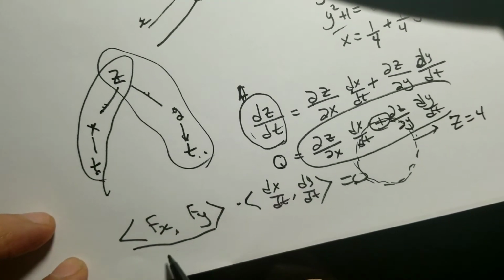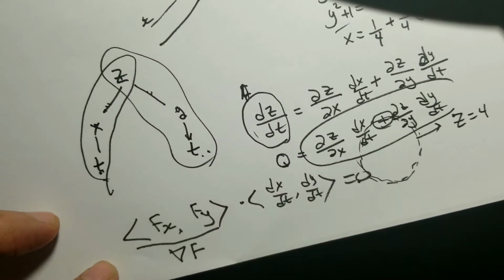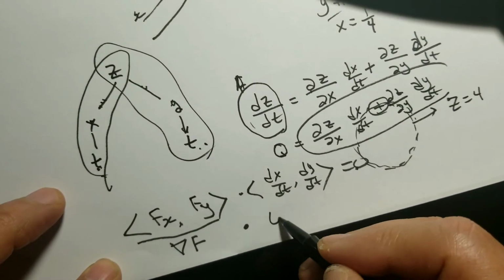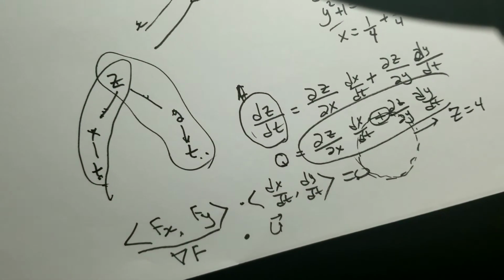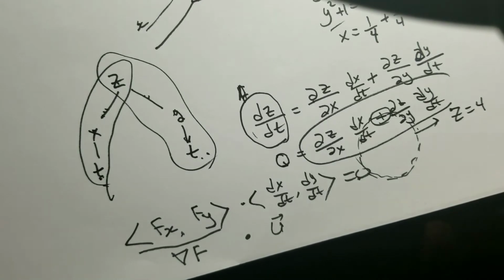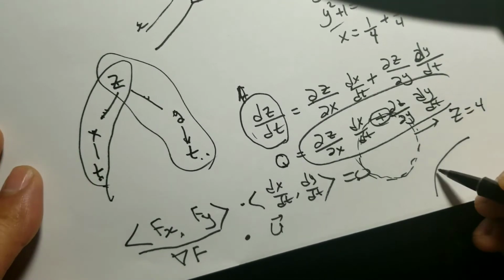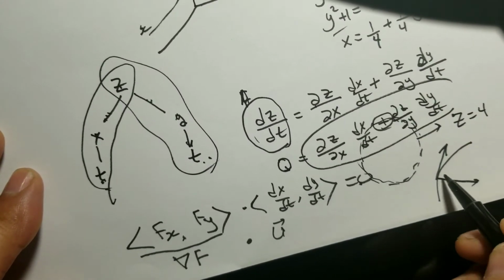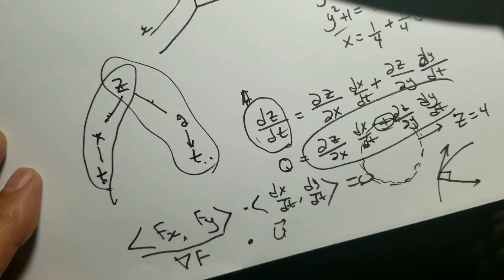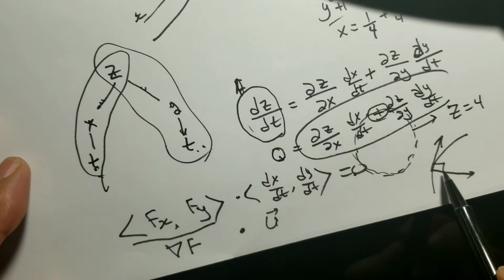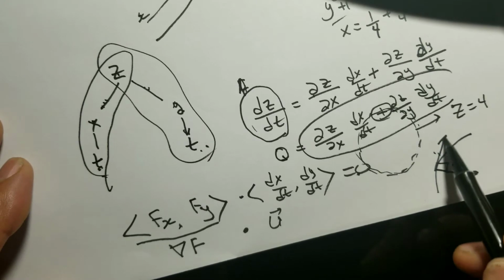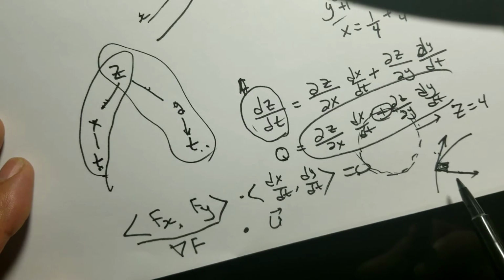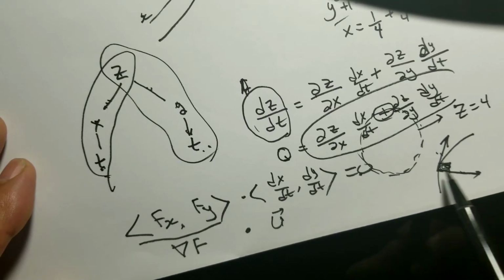This is nothing except the gradient of the function. The vector u in this case is r prime. But if you have a level curve and this is your r prime, this is your gradient. And we talked about that every time the angle between the directional vector and the gradient is 90 degrees, then the directional derivative is going to be 0.